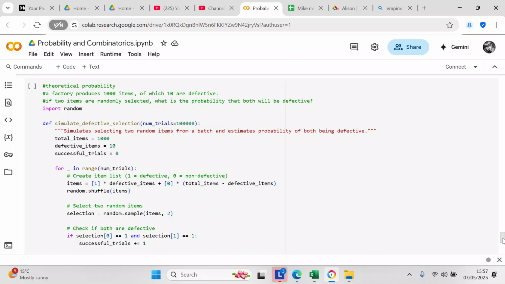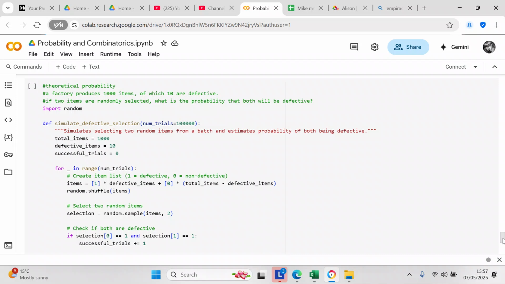So we have another question about theoretical probability. A factory produces 1,000 items, of which 10 are defective. If 2 items are randomly selected, what is the probability that both will be defective?